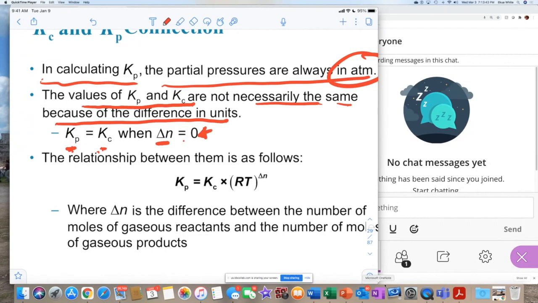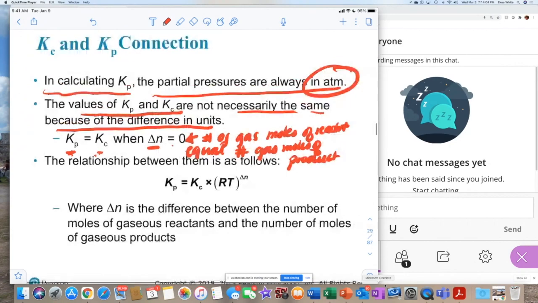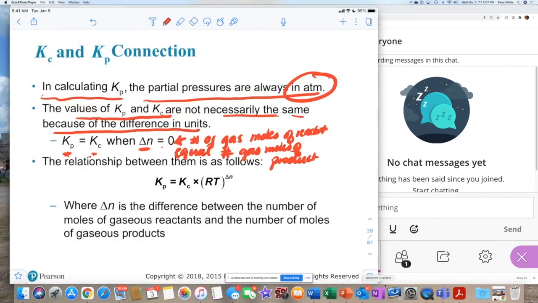Kp will be exactly equal to Kc when the number of gas moles of reactant equals the number of gas moles of product. That's what they're trying to communicate in here. I casually said delta N equals 0.